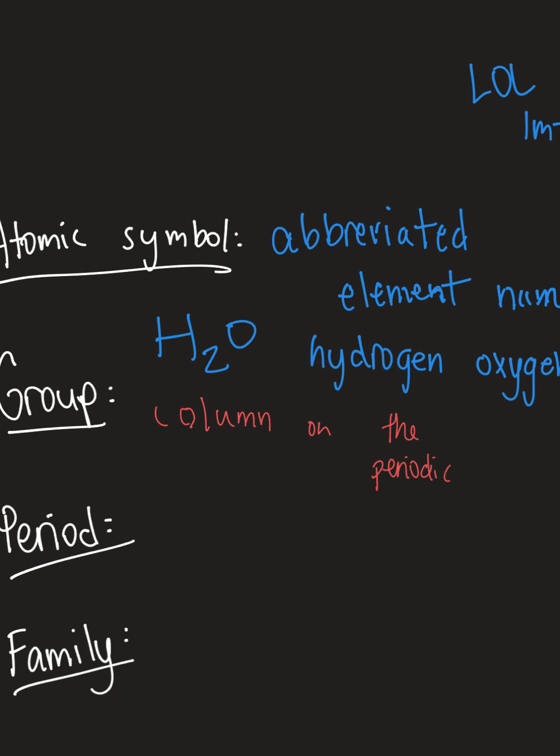And then the other thing we have are periods, okay? Periods are going to be the rows. So the period is the row on the periodic table.